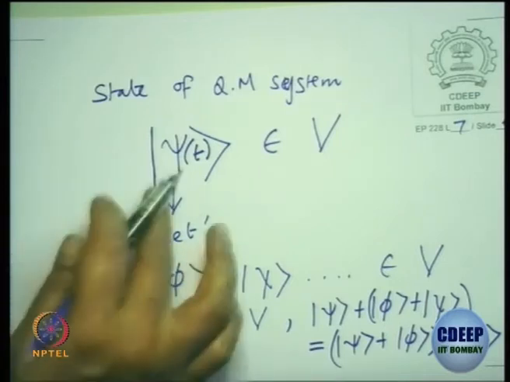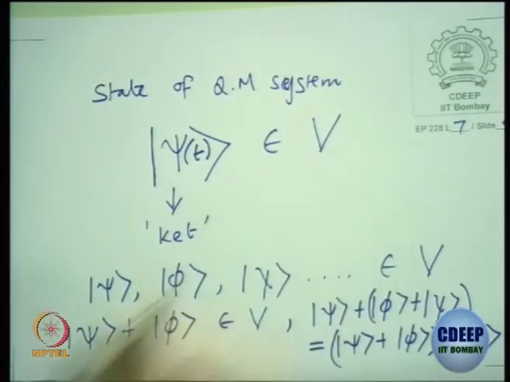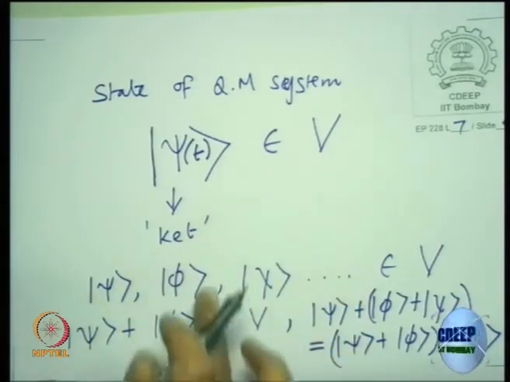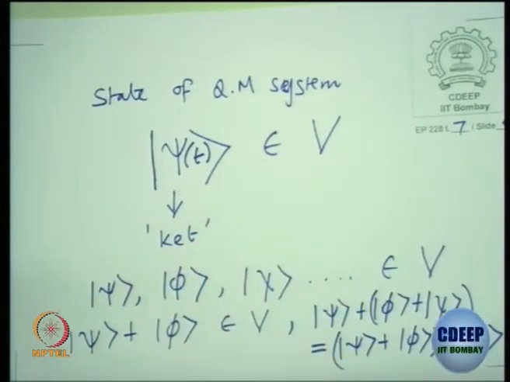And before even we go into it, is this vector space a linear vector space? If this is a linear vector space, then these properties have to be satisfied. If these properties are not satisfied, then it's not even a linear vector space. So these are things which we need to know, and whatever is psi has all the information about the system. Okay. So this is an abstract notation, slightly different from your wave functions.